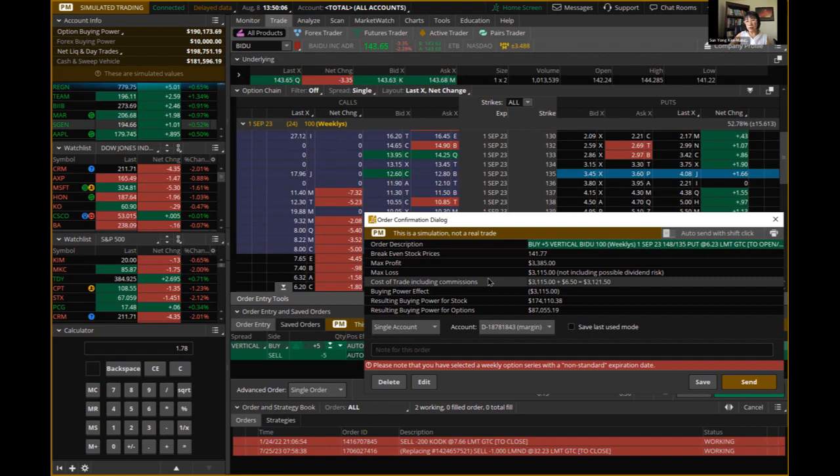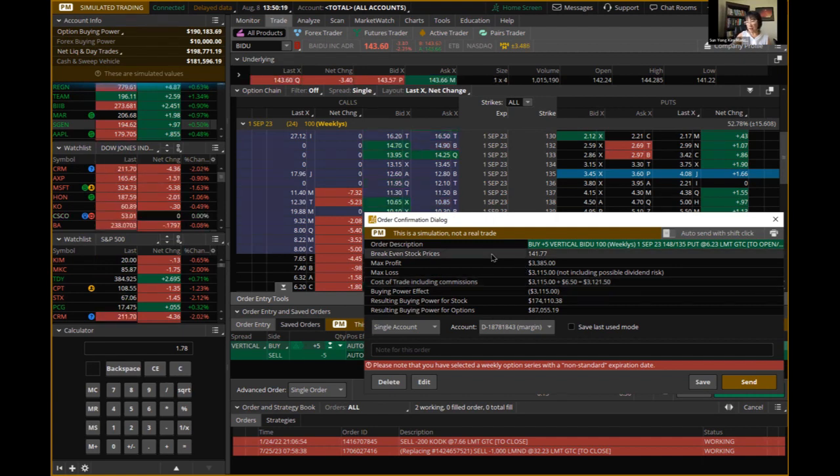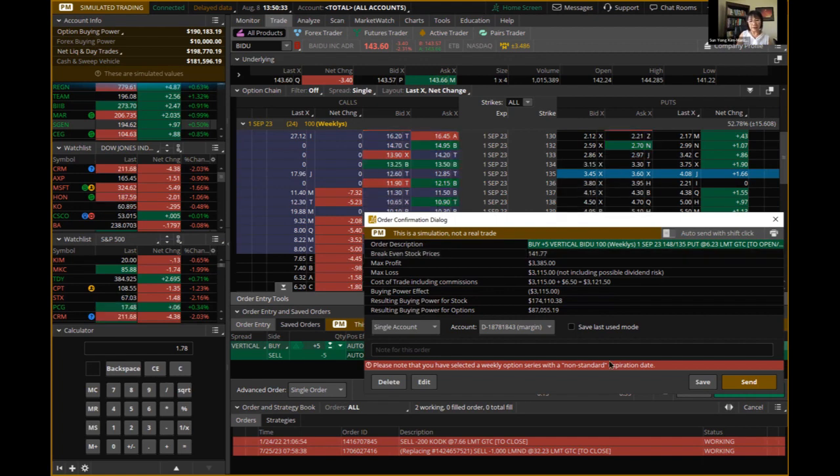So if we were to take 143.65 and 141.77, the break-even number is changing because the market keeps changing, which it should be doing anyway. Okay, so 88 cents difference. That's not bad. Okay, so we will set this up.